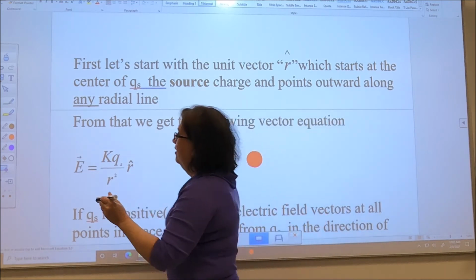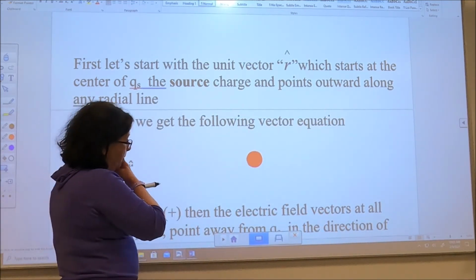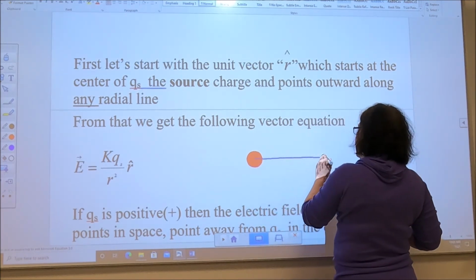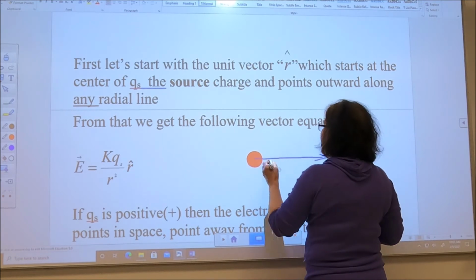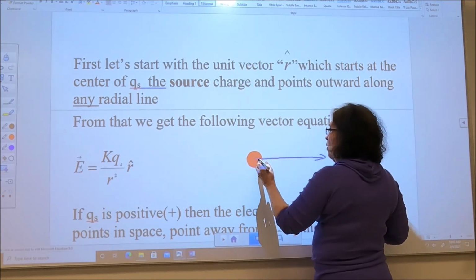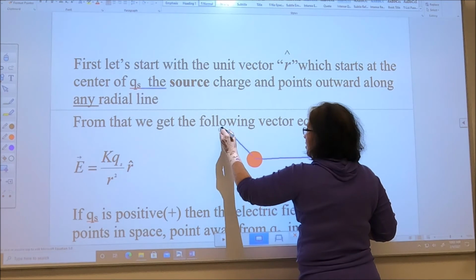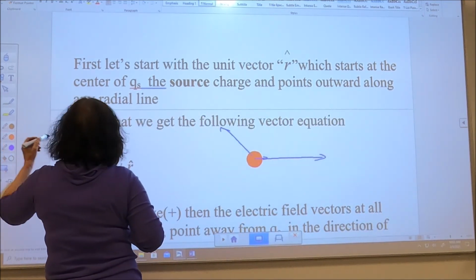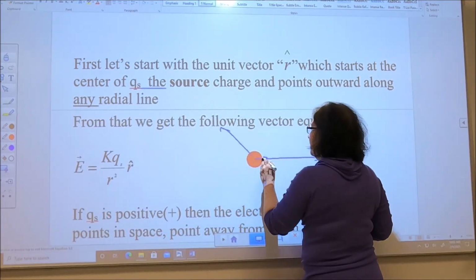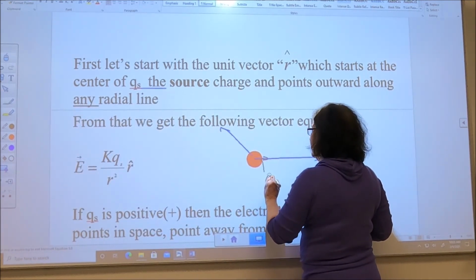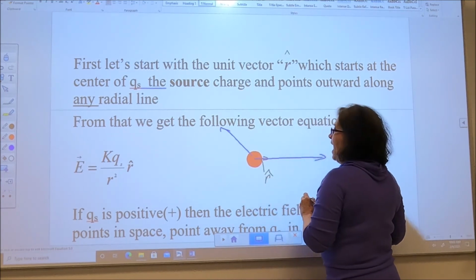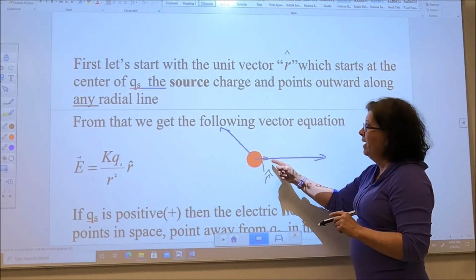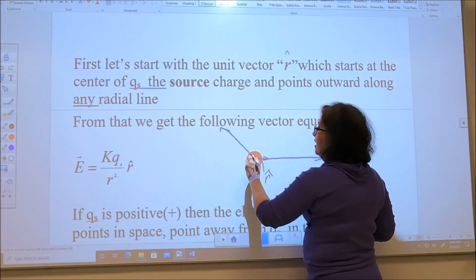If that's my test charge, and this is my QS, then there's our radial line outward, and we can have radial lines going out in any direction. R hat is a 1 unit long vector pointing out along any of the radial lines.